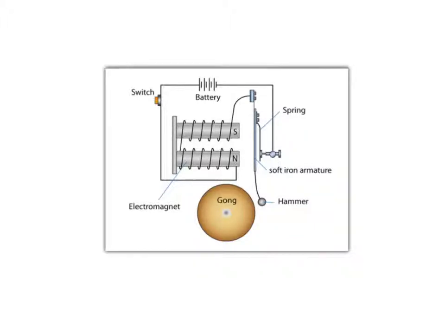So, if we just have a look, we've got a battery at the top, we've got a switch over to the side, some coils here, we've got an electromagnet in the middle with this black coil wrapped around it. Then we've got this spring, and attached to the spring is a hammer, and we've got a gong. And you can see that on this spring, we've got something called a soft iron armature.